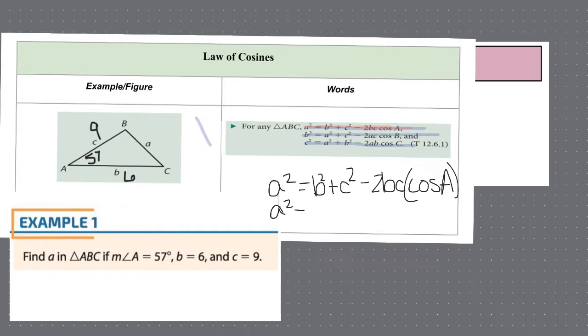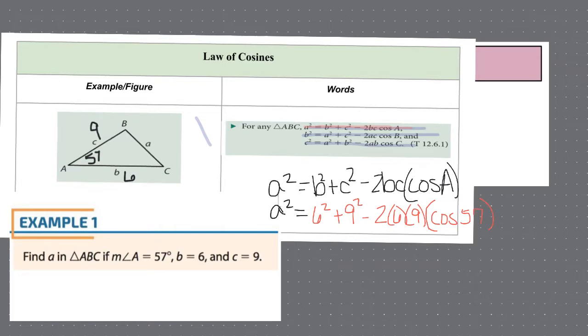A squared is equal to 6 squared plus 9 squared minus 2 times 6 times 9 times the cosine of 57.